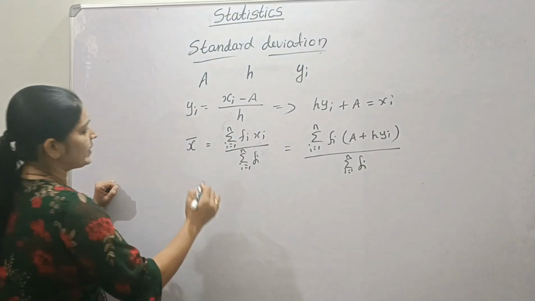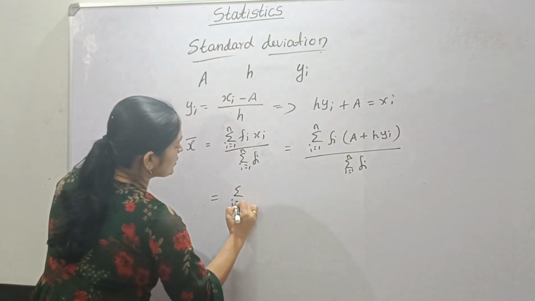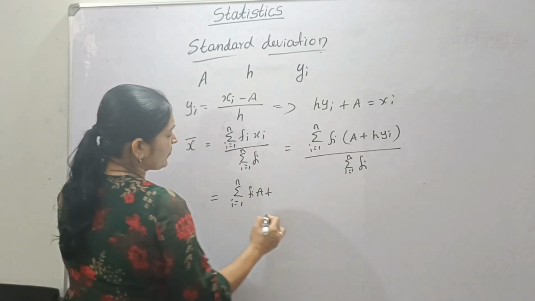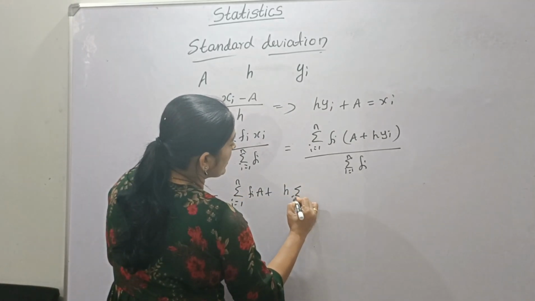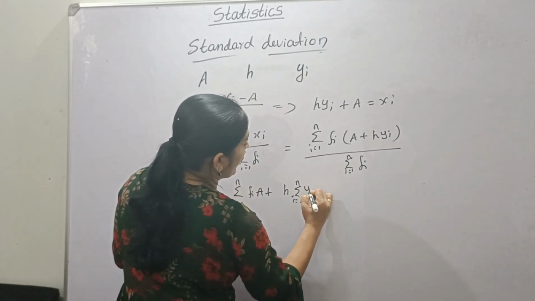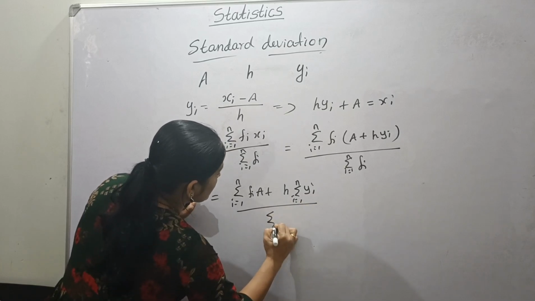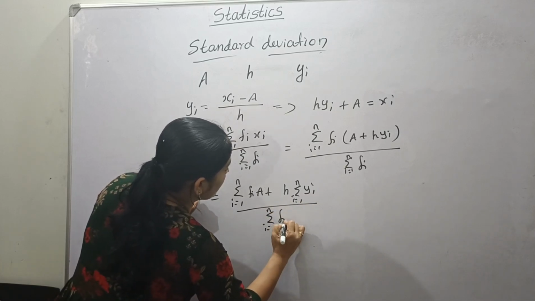That is sigma i equal to 1 to n Fi into a plus h into sigma i equal to 1 to n yi divided by sigma i equal to 1 to n Fi.